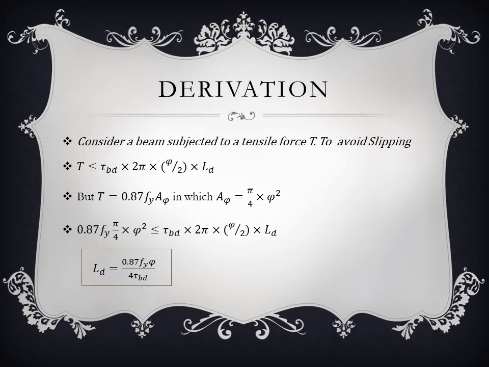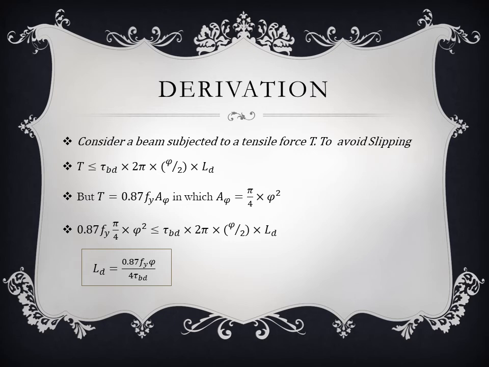That is 2 pi r, where r is equal to diameter by 2, that is phi by 2. But we also know that tensile force T is equal to 0.87 Fy into As, in which As is equal to pi by 4 into phi square. We substitute the value and we get LD is equal to 0.87 Fy phi by 4 tau bd.